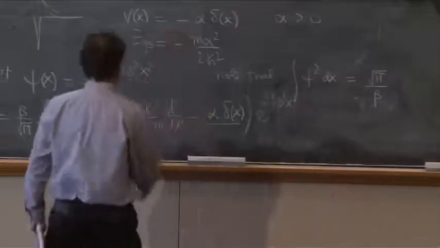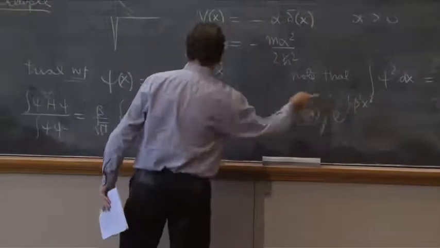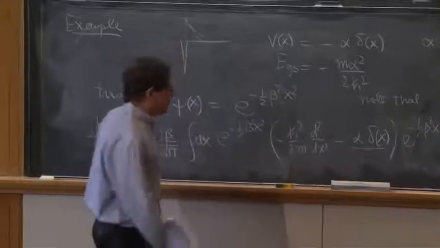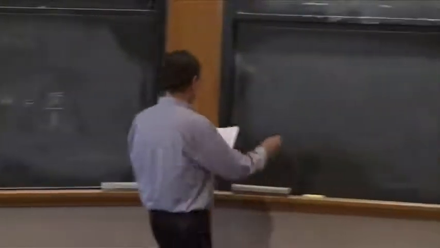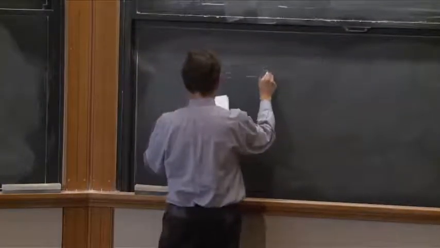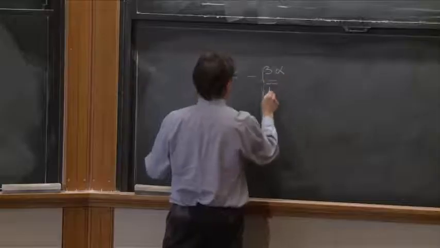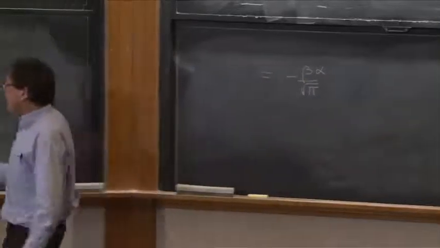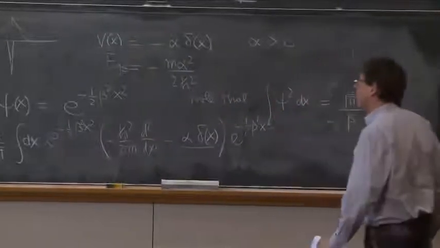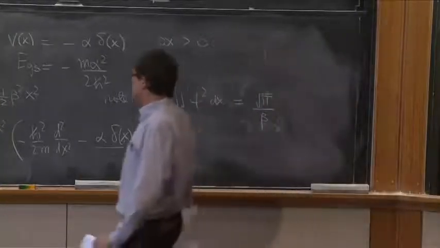Use any of those programs. Now, this part of the integral is kind of easy because the delta function just picks the value at 0. So this part of the integral gives you minus beta alpha over square root of pi. The other part of the integral, however, is a little more complicated.